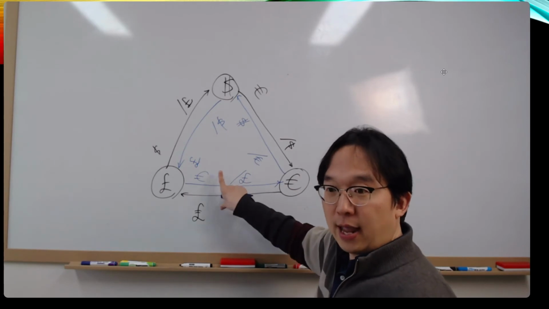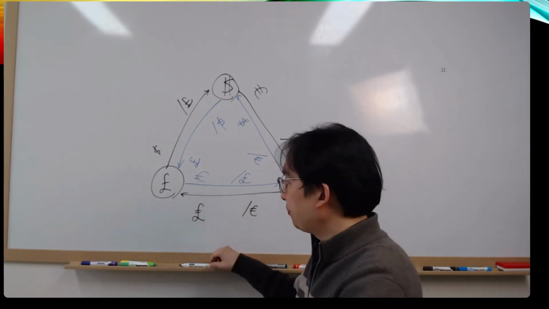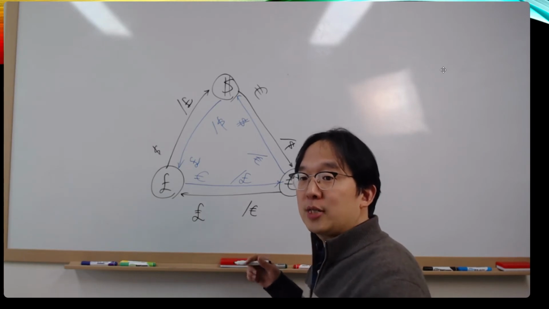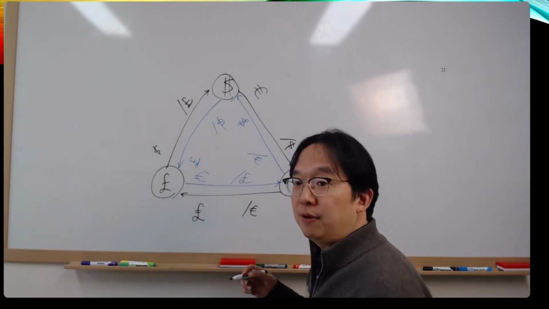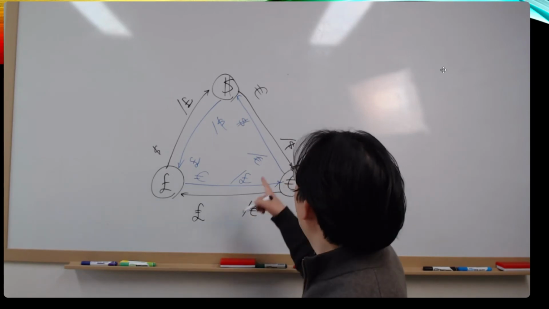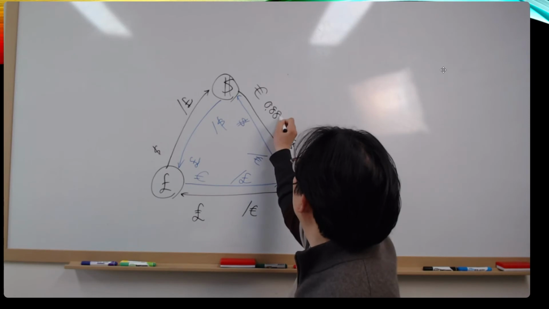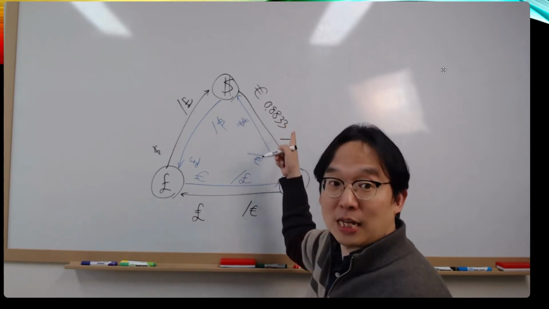Okay, and let's see, per US dollar it is 0.8833 euro. So per US dollar it is 0.8833.